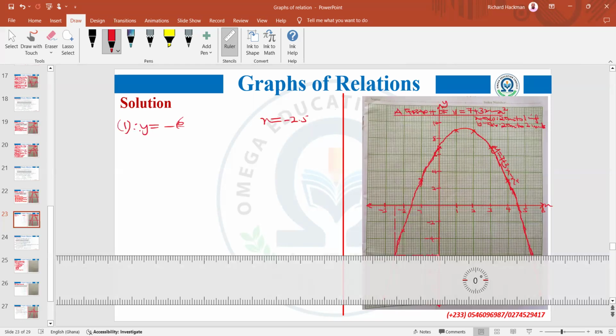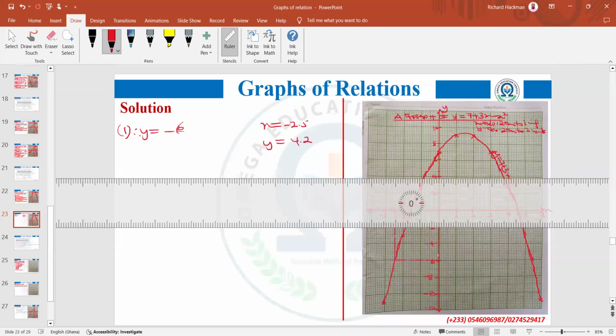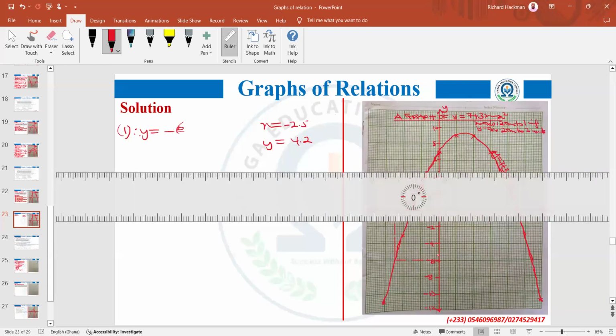Then the other one: assuming you are given y and you are asked to predict x, and y is maybe 4.5, or let me even say 4.2. You come to your graph where you have y equal to 4.2. 4.2 is somewhere here. This is a line that will pass through, so I draw my line y is equal to 4.2.